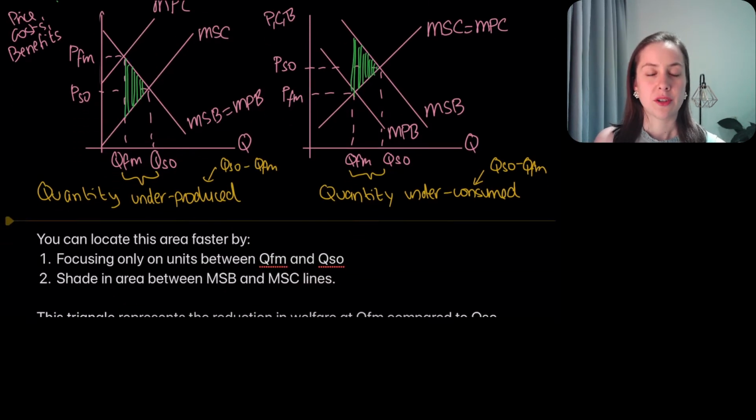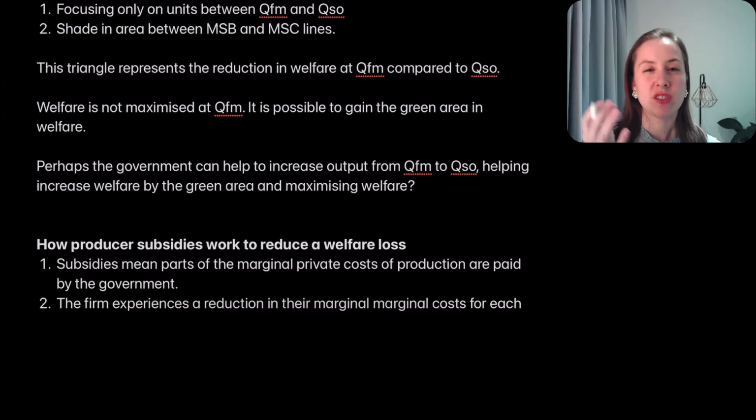And as a shortcut, so you don't have to work out total welfare at QFM and total welfare at QSO and compare them, just take a look at the units between QFM and QSO and shade in the area between the MSB and the MSC. You'll get that area right. And again, this triangle represents the reduction in welfare at QFM compared to QSO.